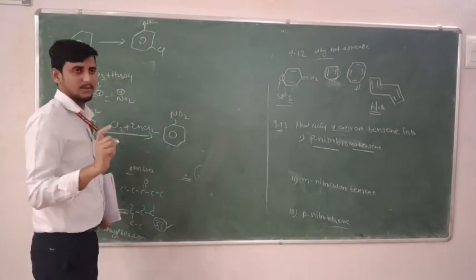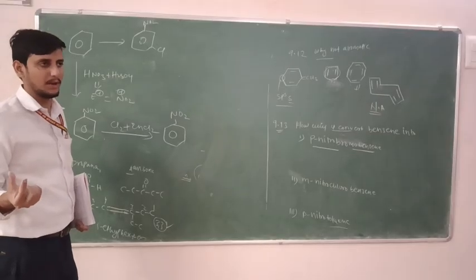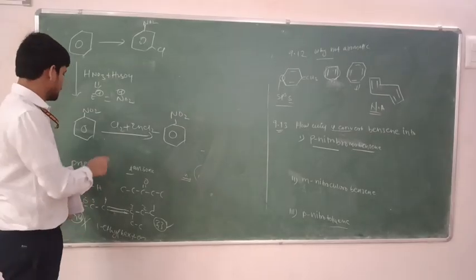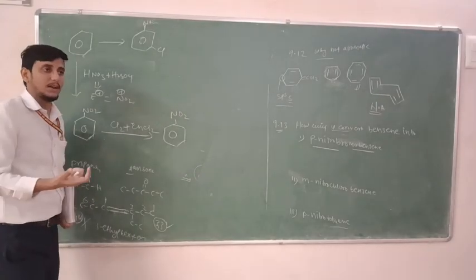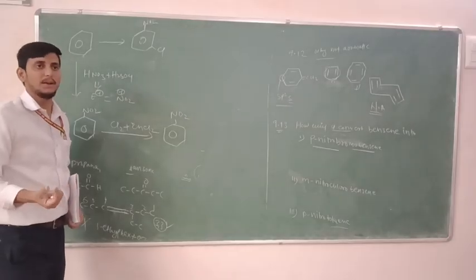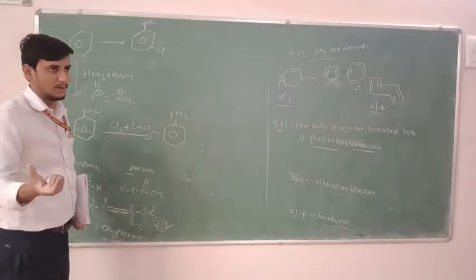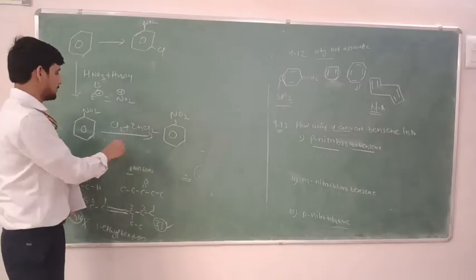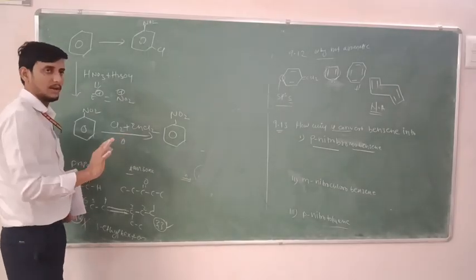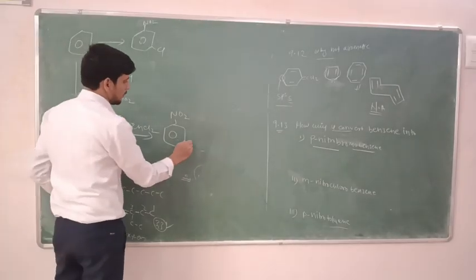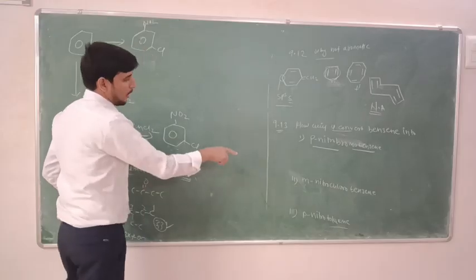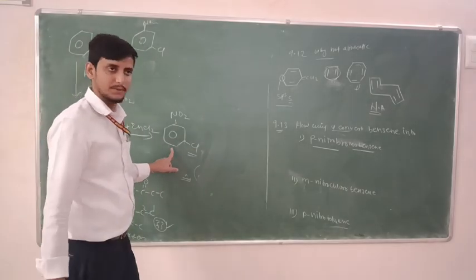And some temperature we have to take here, because this benzene is deactivated, there is less electron density. So some temperature we have to take here for adding the meta chloro. Now this is the correct metachlorobenzene.